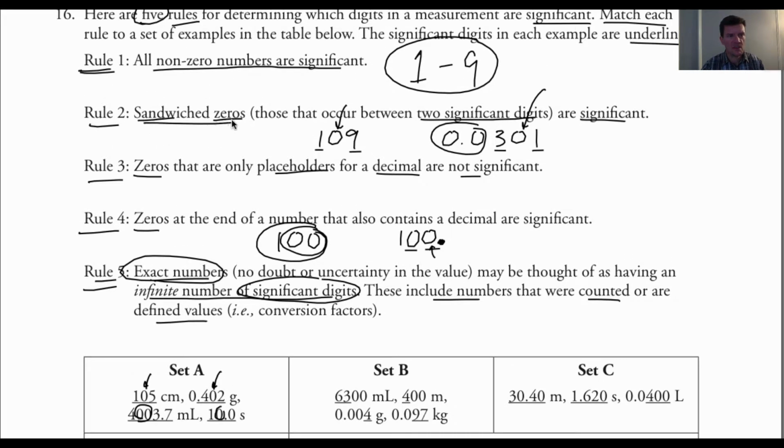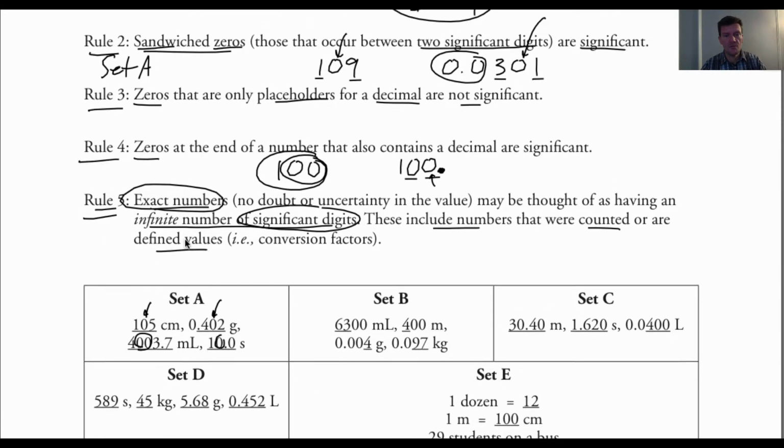Okay, so sandwiched zeros here are being considered as significant. So set A is demonstrating that rule.